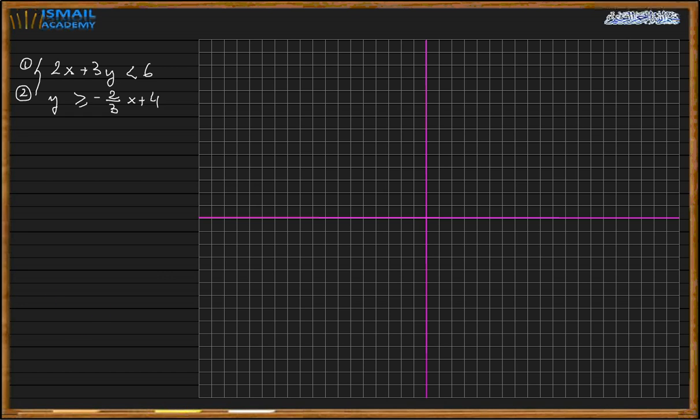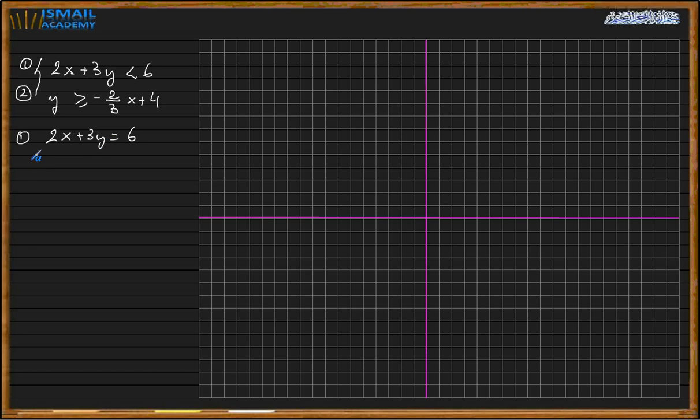And let me first do my constraint. So my first constraint is 2x plus 3y equals 6. So I'm going to draw the first line.